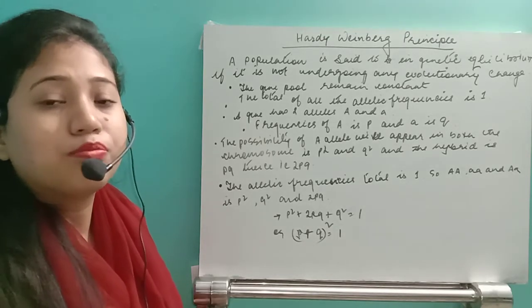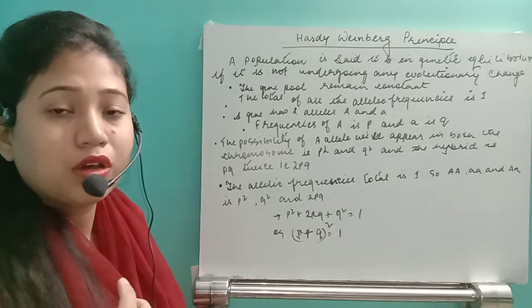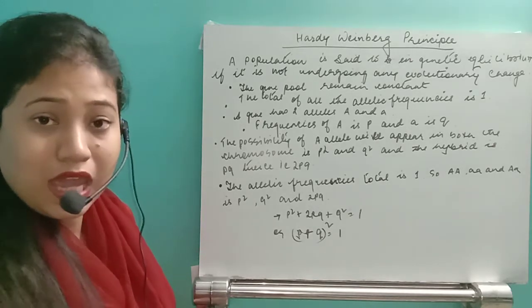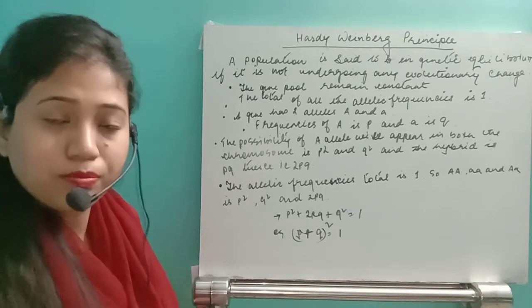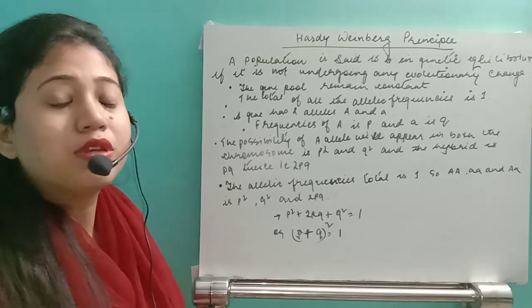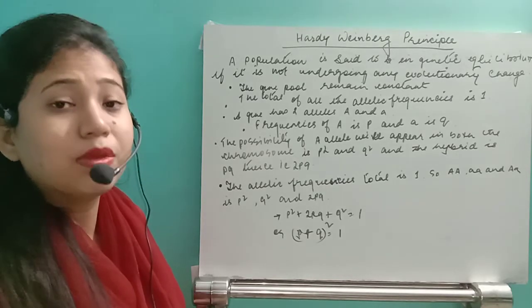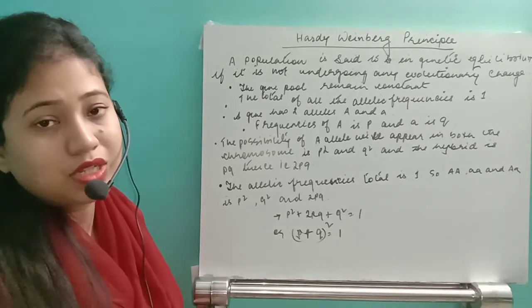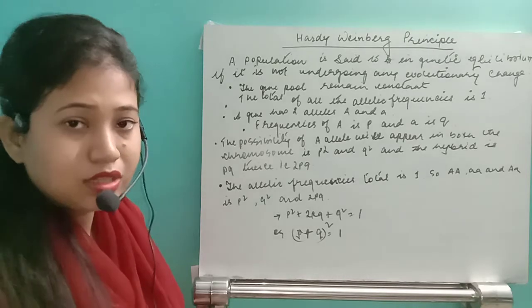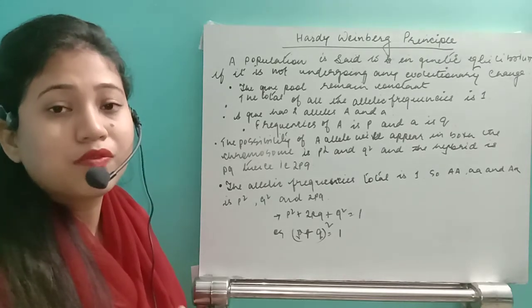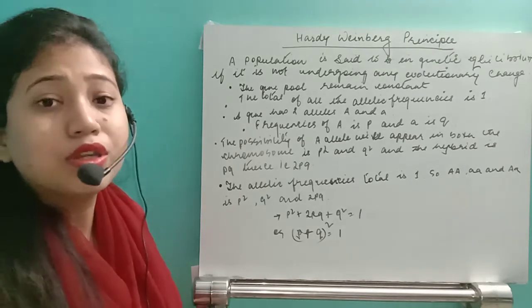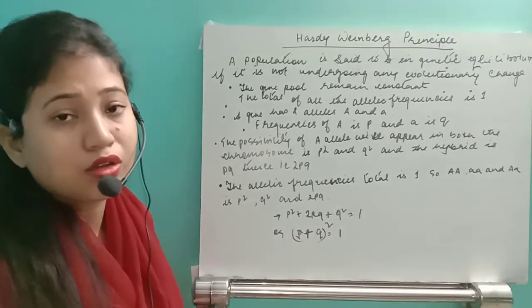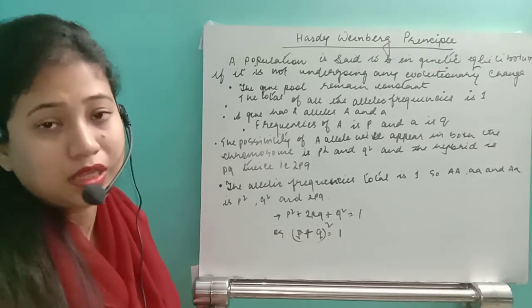So the possibility of the A allele in a chromosome is p square, and the possibility of small a coming in the chromosome is q square. And if it is a hybrid, the frequency of that hybrid allele coming in the chromosome is twice pq.